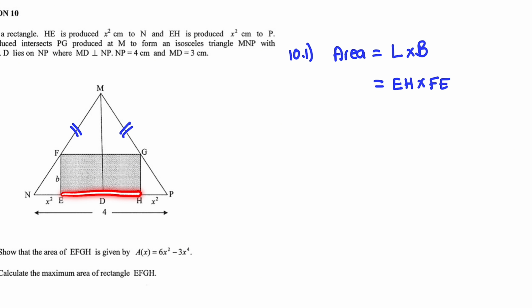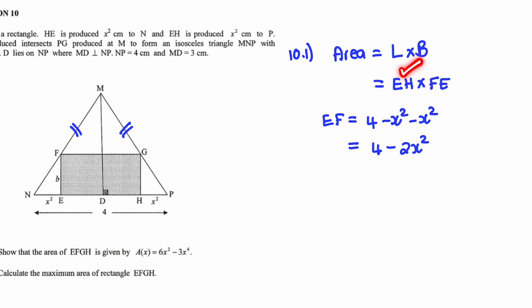EH is part of this line NP, so I can see that the length of EH is equal to 4, which is the full length of NP, minus x squared, minus x squared. And that simplifies to 4 minus 2x squared. So we have the length of EH.